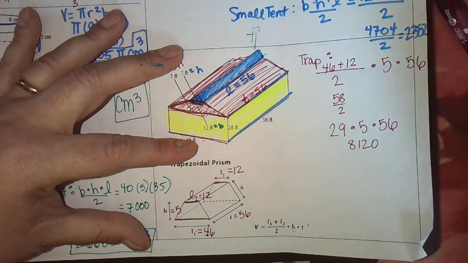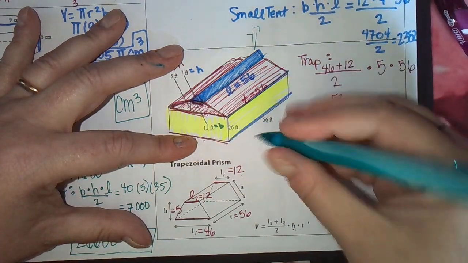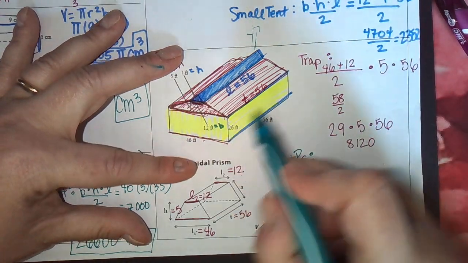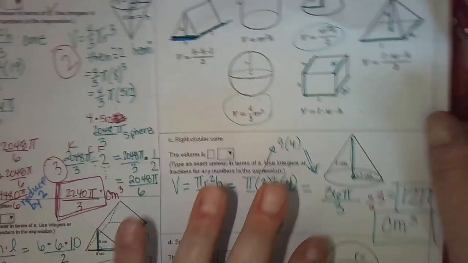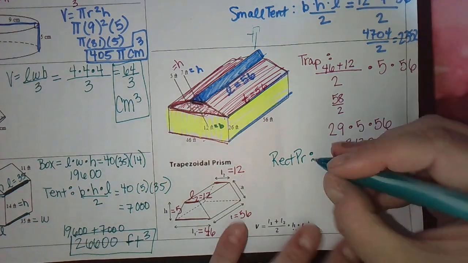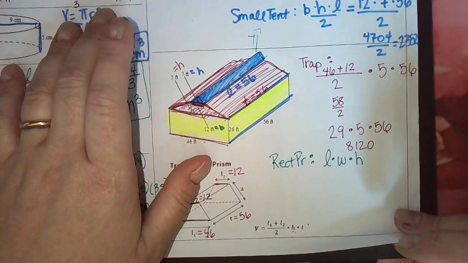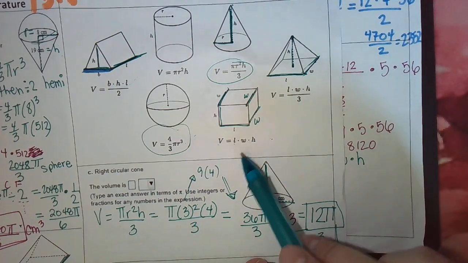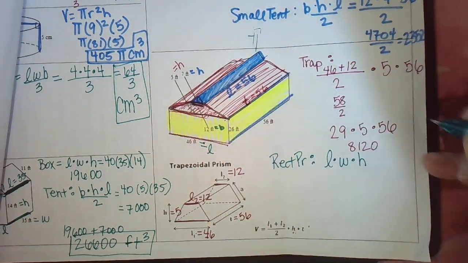Okay, now let's find the rectangular prism. This yellow thing. It looks like a box, like a shoebox. The formula is length times width times height. On the shoebox, the length is the front piece, so 48.